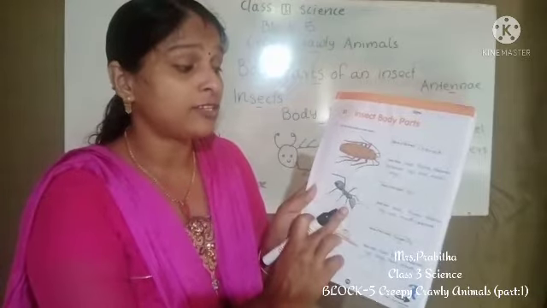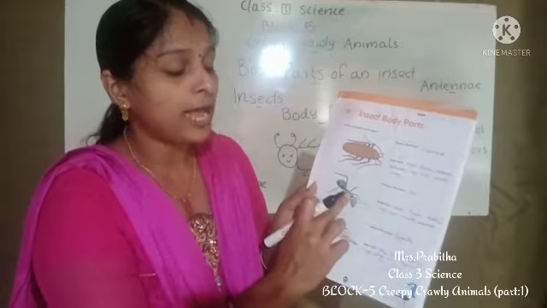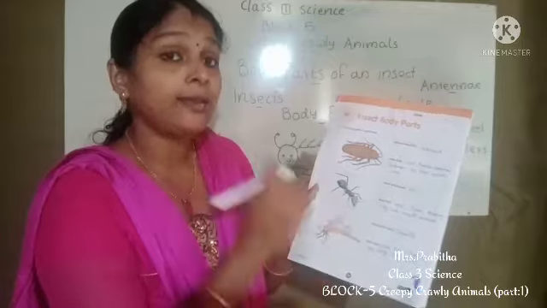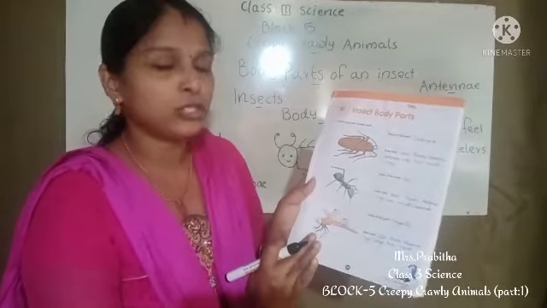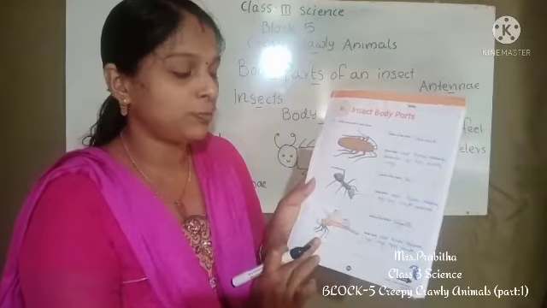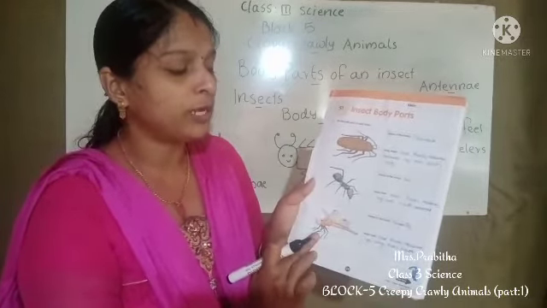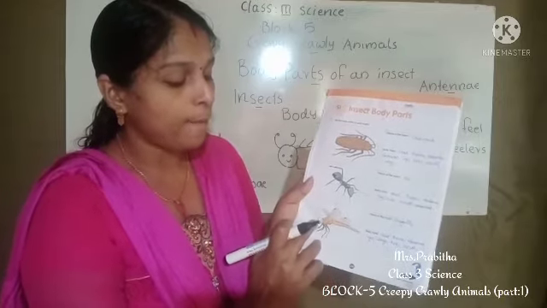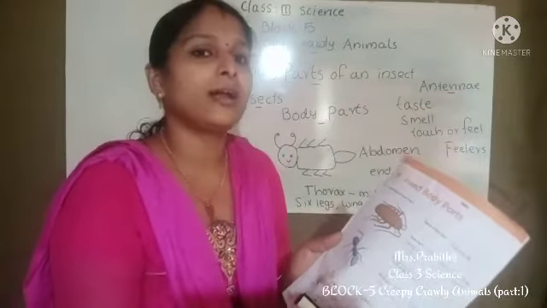Yes, it is an ant. Which are the body parts? Yes, head, thorax, abdomen, legs, mouth and eyes. Okay, the next picture is the picture of a dragonfly. Then which are the body parts? Head, thorax, abdomen, wings, legs, mouth, eyes. Okay, so those are the body parts of dragonfly.